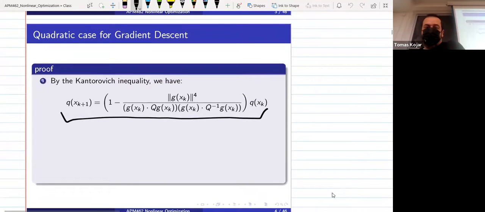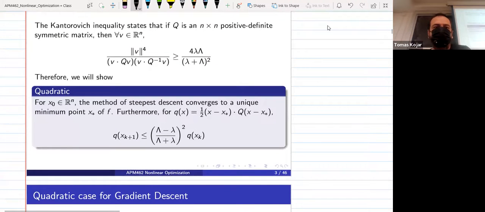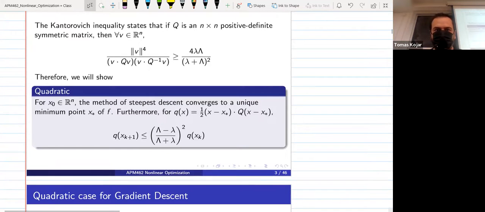And it was beautiful because it's exactly the left-hand side of Kantorovich. So is there a way to extract this?